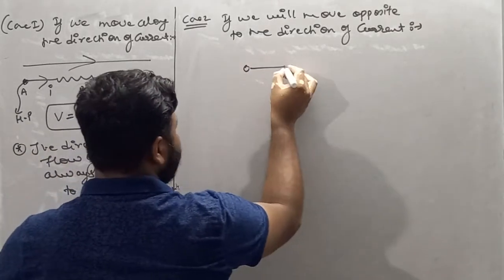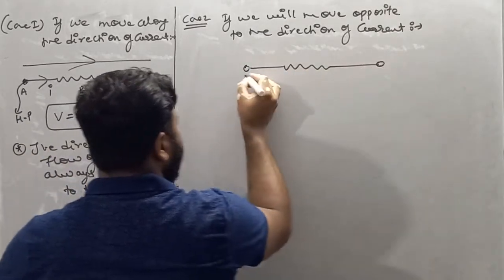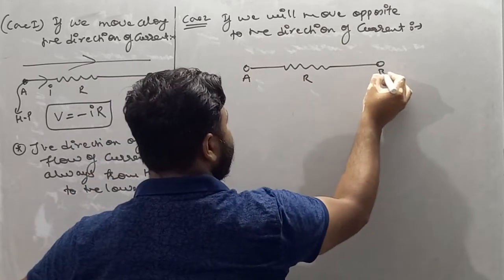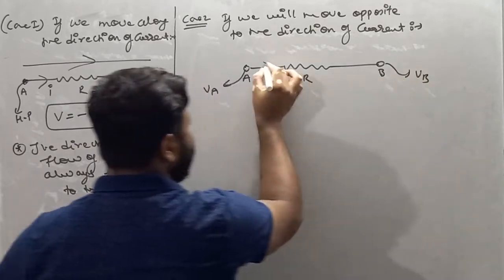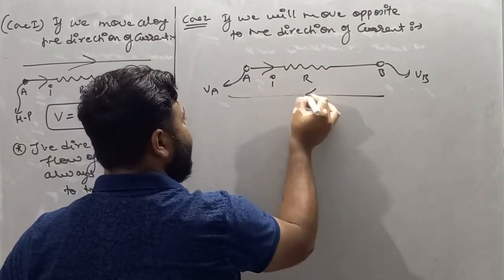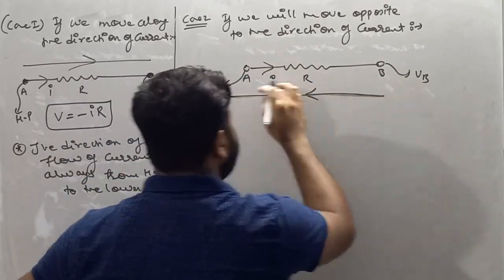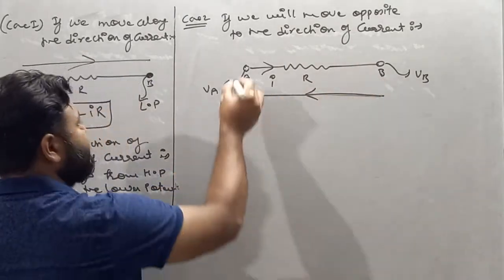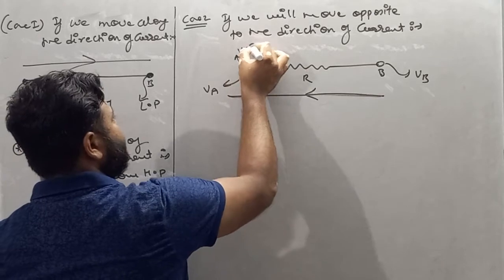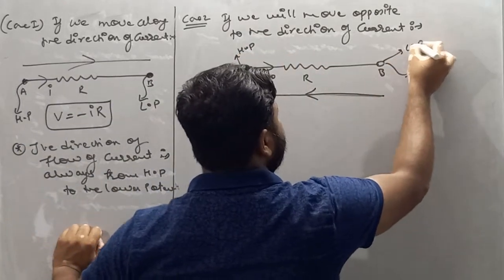Now see, this is a resistor of resistance R. This end carries potential VA, this end carries potential VB, and the current is flowing from A to B. So if current is flowing from A to B, it means A carries higher potential and B carries lower potential.